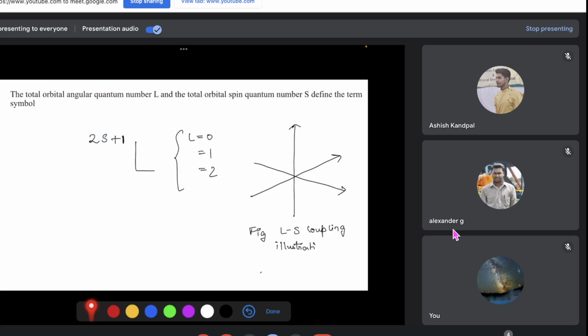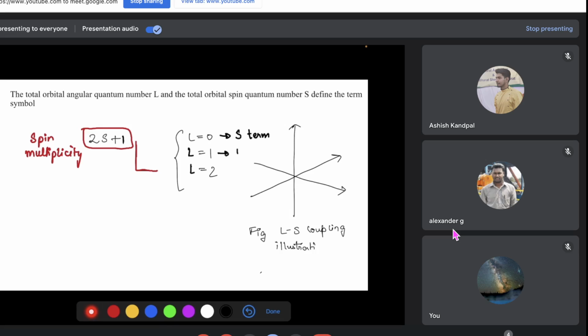I should tell you beforehand that the total orbital angular momentum quantum number L and the total spin quantum number S define the term symbol, as here 2S plus 1, which is the spin multiplicity, and this is my capital L. If the value of L is 0, then this will be denoted as an S term.